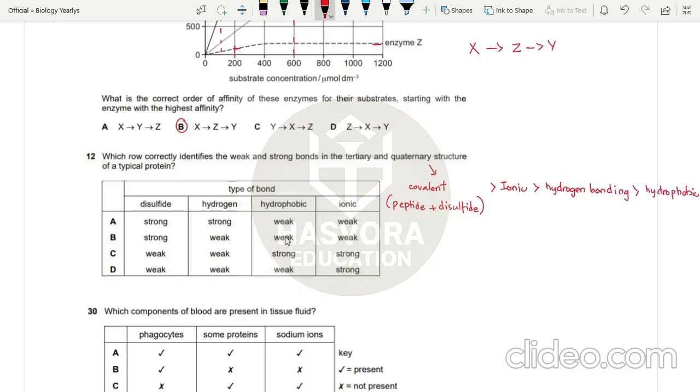But out of these, only the covalent bonding is considered strong, while the other ones are weak. So for the disulfide, we will say it is strong, while the hydrophobic interactions and the ionic bonds, they are weak. So B will be the answer for this question.